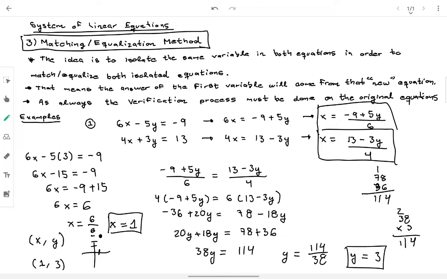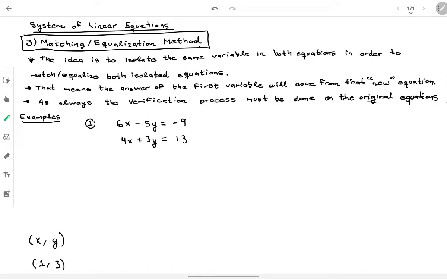Let me do the verification process only in this first example. So we have that the answer is x equals 1 and y equals 3. On the first equation, it's going to be 6 that multiplies 1 minus 5 that multiplies 3 equals minus 9. 6 minus 15 equals minus 9.